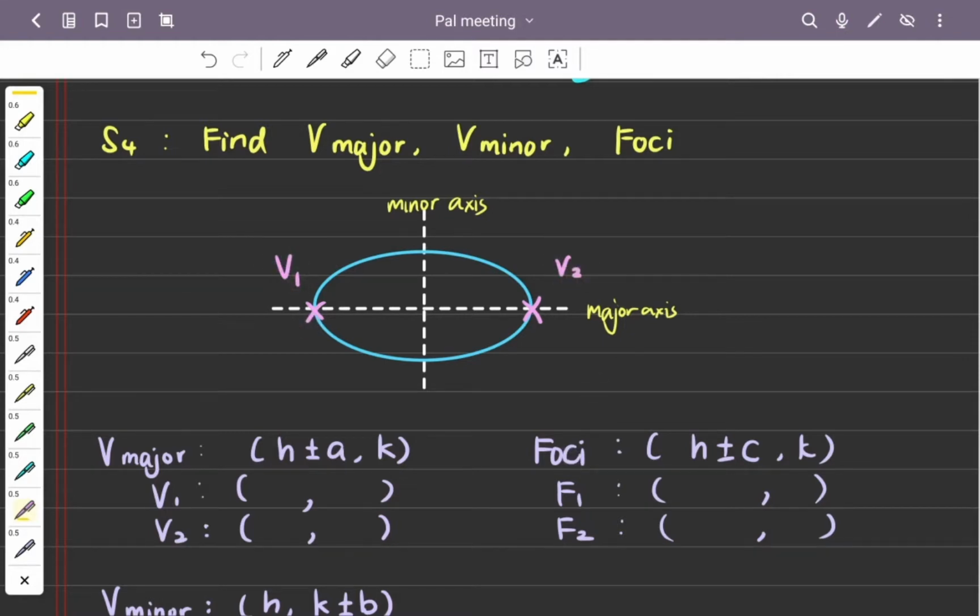And then minor vertices will always lie on the minor axis, so this one is V3, V4. So where are your foci? Foci will always lie on the major axis also. It's somewhere here, just a rough sketch first. So let's say F1, F2. And of course the middle one will be your center.